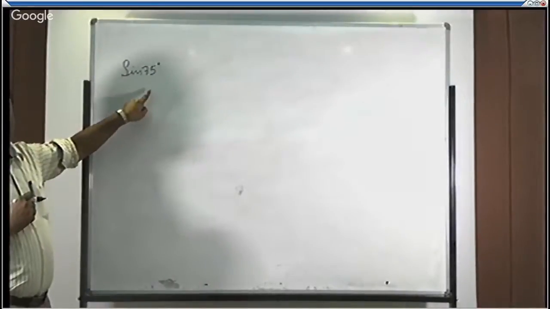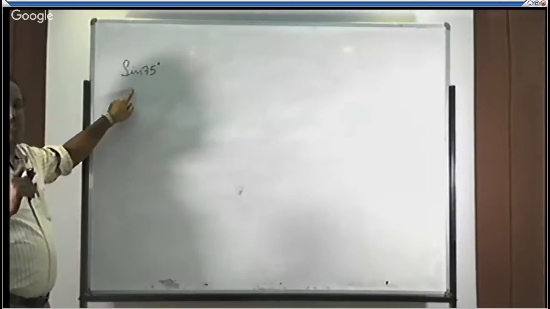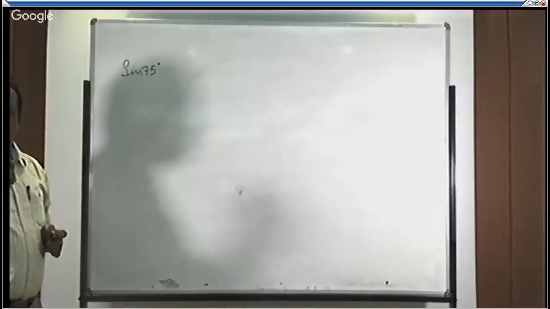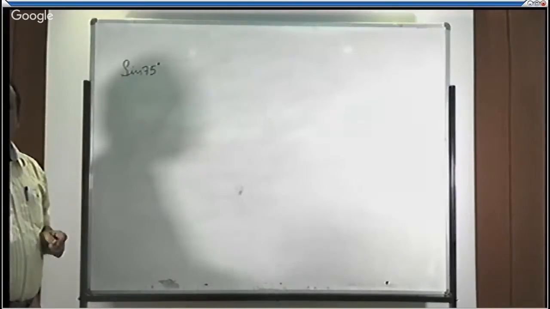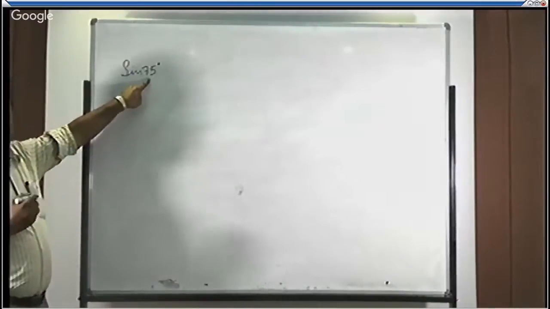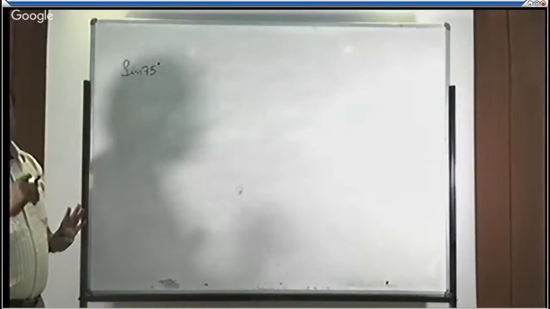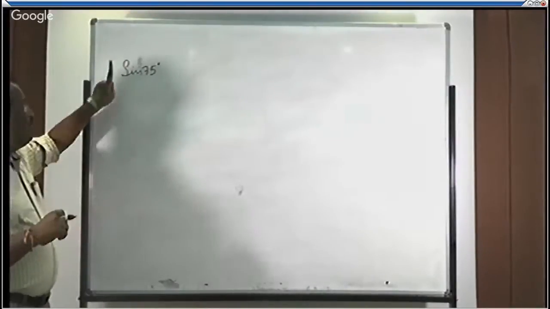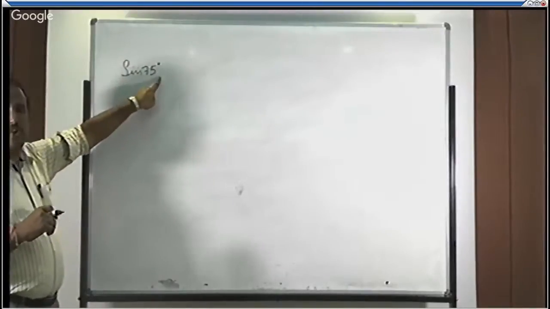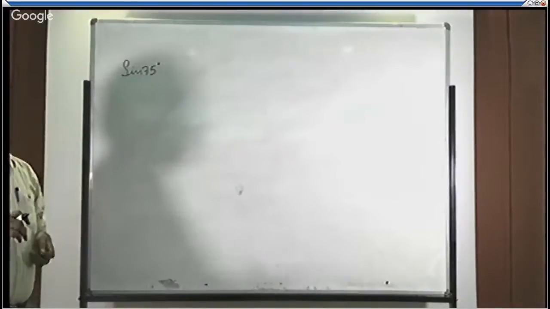We know the numerical value of a trigonometric function when it is connected to standard angles: 0 degree, 30 degree, 45 degree, 60 degree, and 90 degree. But even though 75 degree is an acute angle, it is not a standard angle. Still, the question needs the numerical value of sine for an acute angle which is not a standard angle, which is 75 degree.